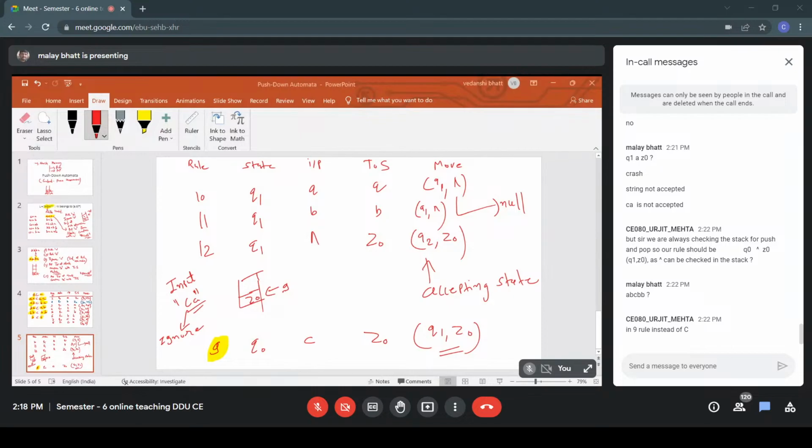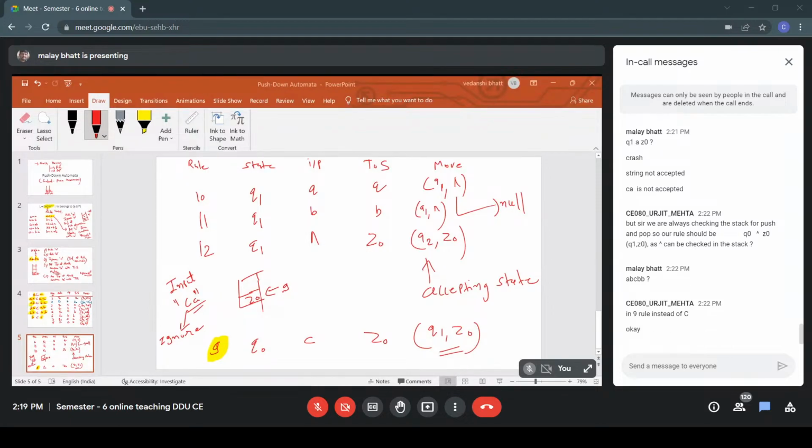In rule 9, we have to check for C. The reason is that when the input is C, it is a very special case. If someone enters only C, because C is a valid string, only in that case we check if the input is C and the top of the stack is Z0, and we apply the rule Q1 Z0. For the string CA, rule 1 is not applicable, rule 2 is not applicable.